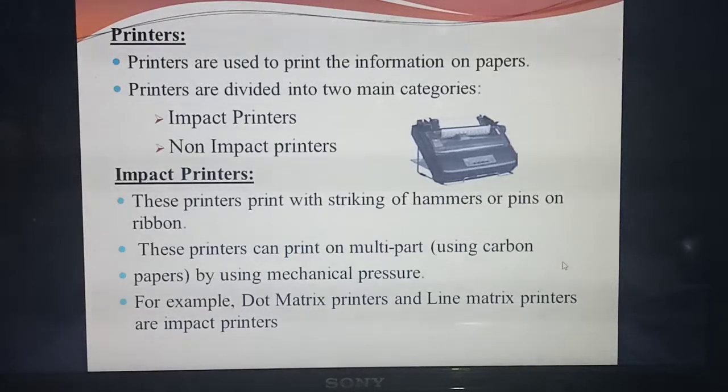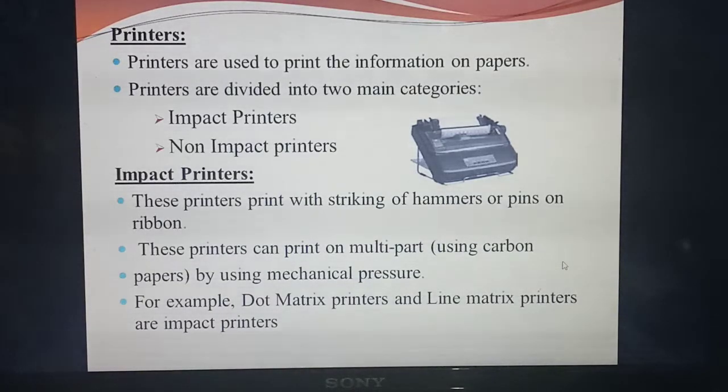Inside the printer there are hammers or pins, attached to a ribbon. When you switch on the printer for printing, mechanical pressure comes into contact with these hammers and pins, and the ribbon runs.